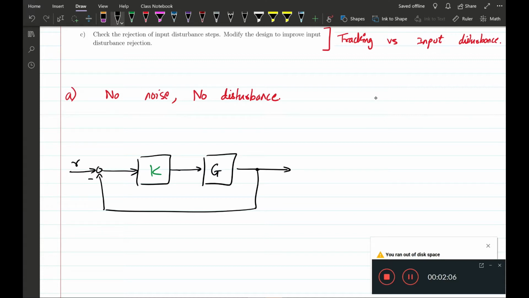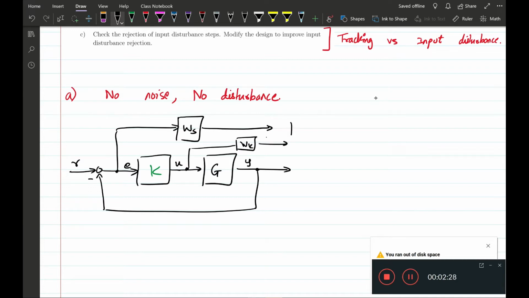So a standard thing to do would be to choose the error as one channel with WS as the shaping filter and U. So this is Y, this is U, and this is E, and U as the second channel for the performance measure, and Z as the output performance channel, so R to Z.